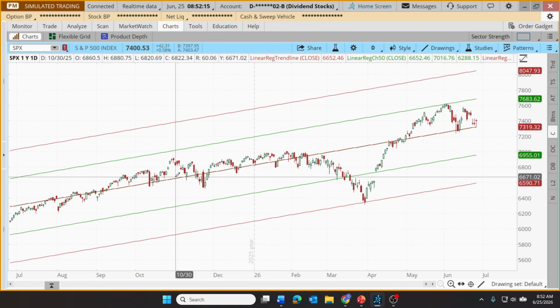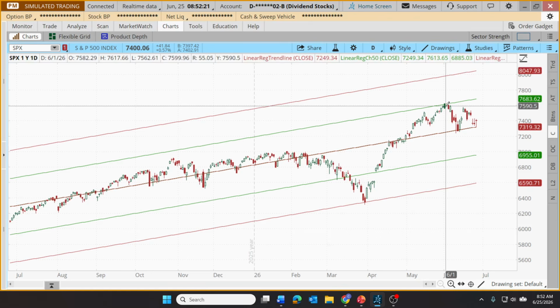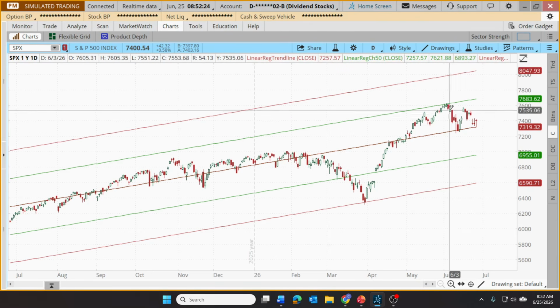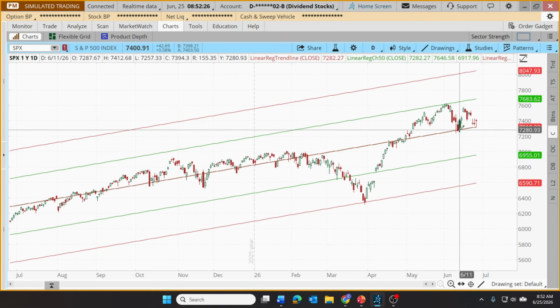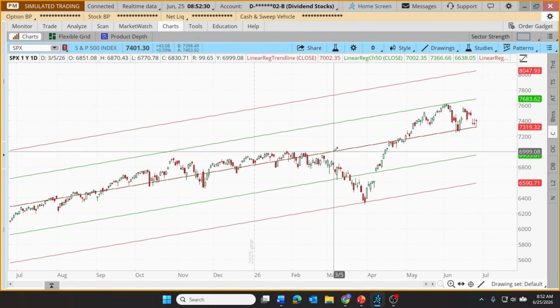Well, the mean referencing normal or average-ish, that's kind of the definition there. And when stock prices get away from average, how far might they go before they pull back? And then when they pull back, when might they start to rise again? So that's that linear regression trend line.